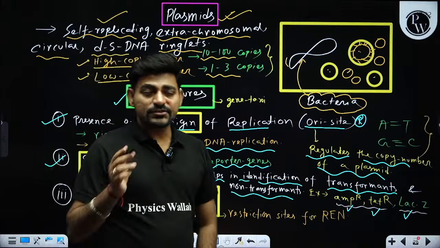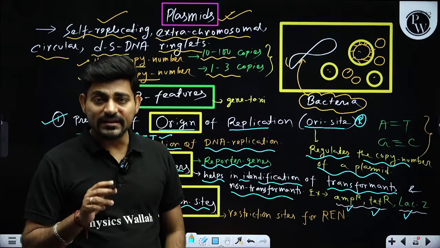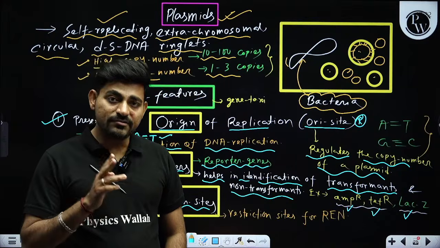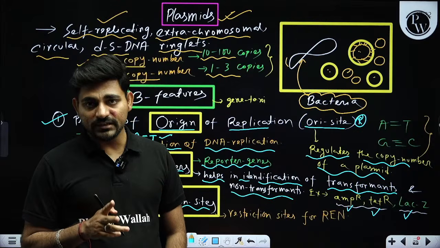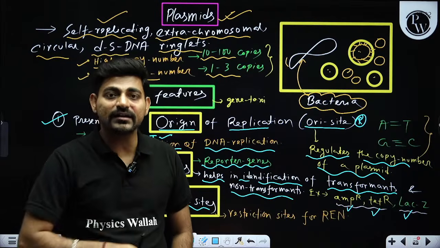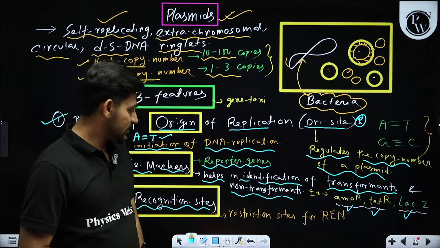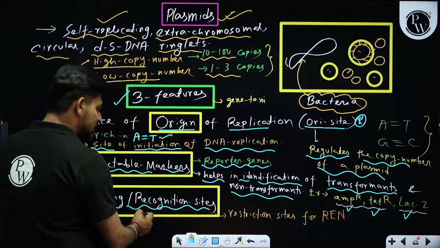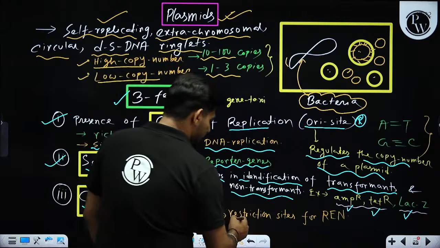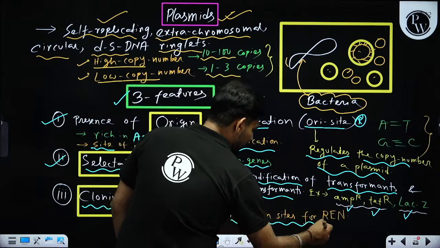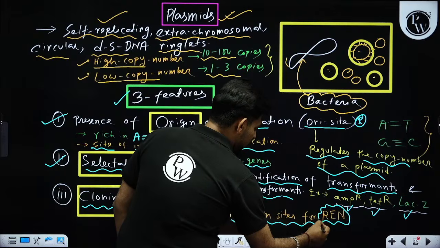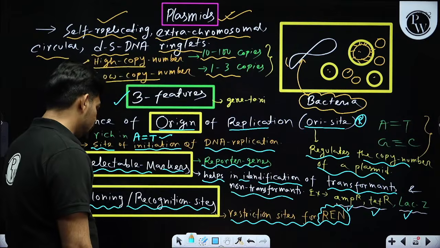There should be presence of a palindromic sequence, whereby utilizing the restriction endonuclease you can produce sticky end cuts and you can insert the gene of interest. Basically, these cloning sites are restriction sites for restriction endonuclease.